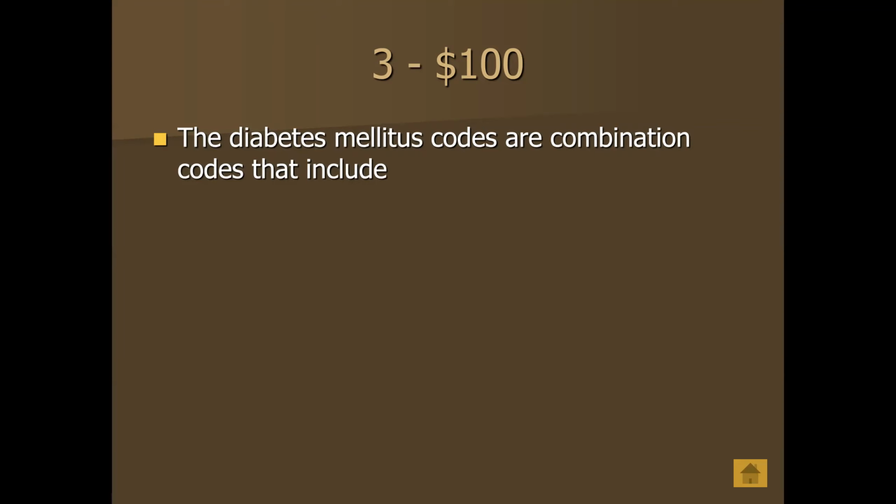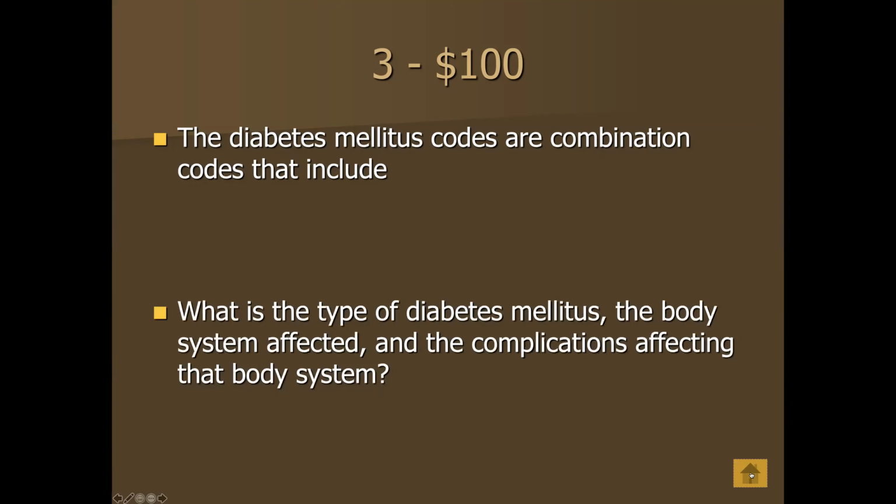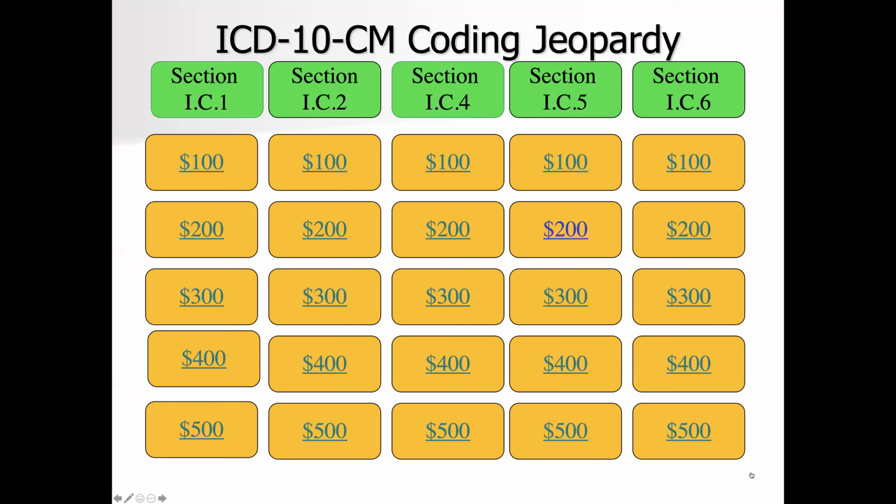You could pass it. What is the type of diabetes mellitus, the body system affected, and the complications affecting the body system? That is correct. And lastly is back to Destiny.